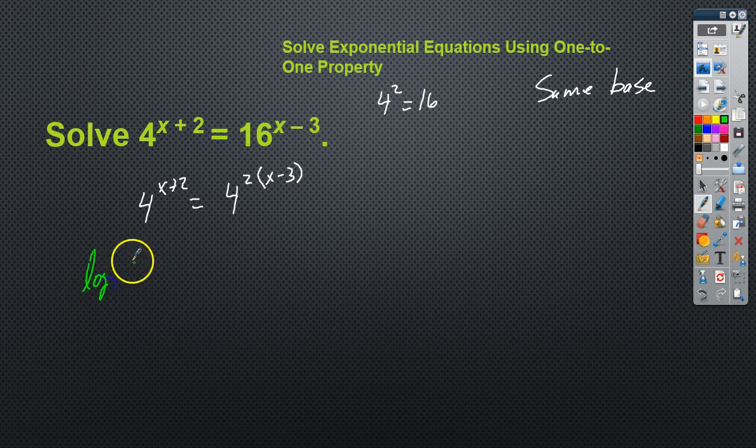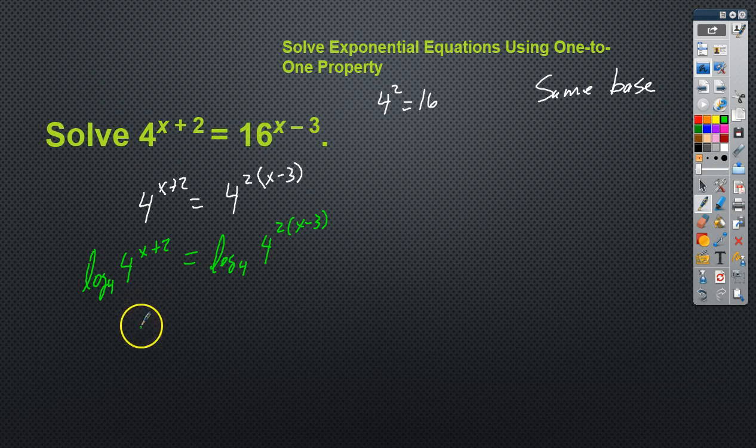So really I have log base 4 of 4 to the x plus 2 is equal to log base 4 of 4 to the 2 times x minus 3. That's the actual math step. I'm not just saying, well, they equal each other. Base 4 and base 4 undo each other.